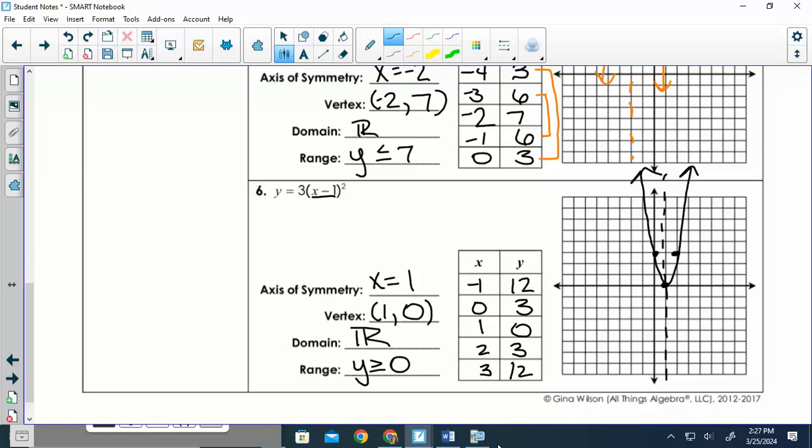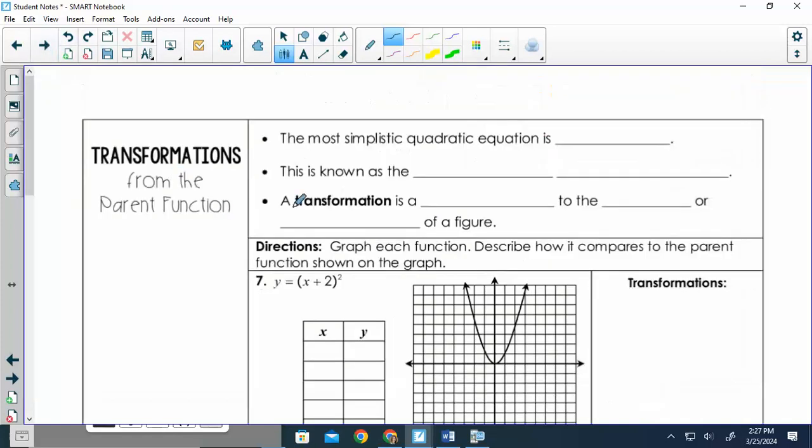Okay, so this is leading us into another idea. We are graphing these using what we had done before, just picking out our vertex and doing the same thing. But there is another option. These are what are called transformations.